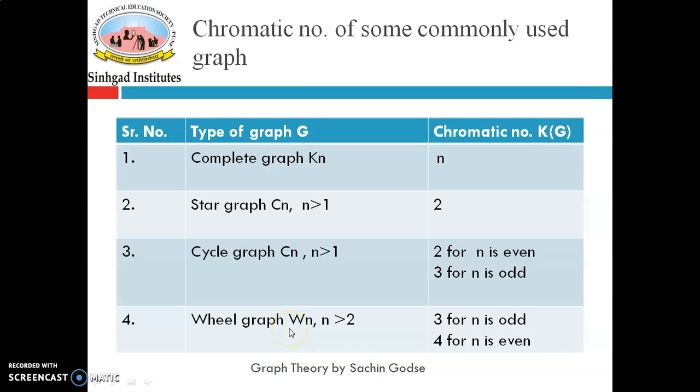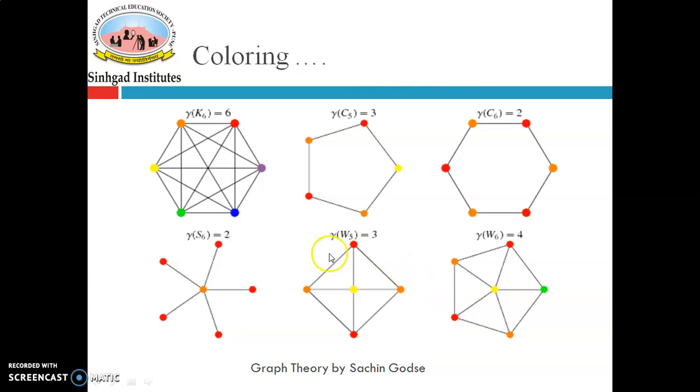Then next is a wheel graph. In the case of a wheel graph, n is greater than 2, and if the number of vertices in the wheel graph is odd, in that case we require 3 colors. In this case the number of vertices is 5 and it is odd, so the wheel graph will require 3 colors. You can see that these 3 colors are used.